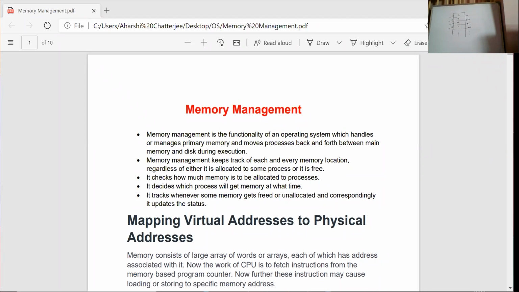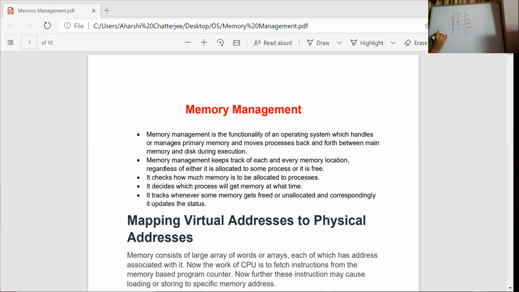Next, the operating system also checks how much memory is to be allocated to a process. Suppose you have two processes, process Pi and process Pj.